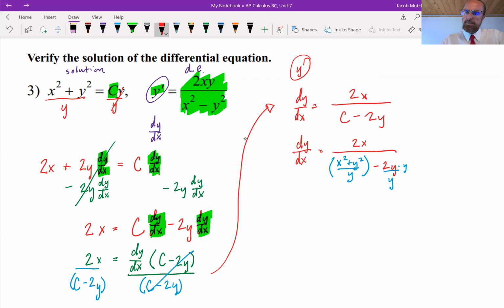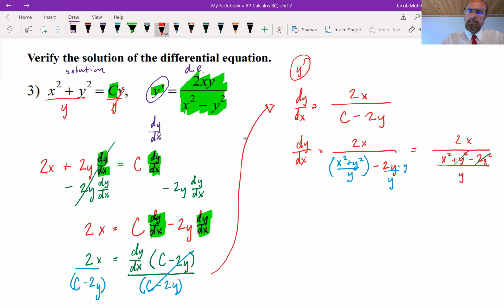So what I got in my simplification now is 2x over, now I can put it all in one numerator since I've got common denominator of y. So it's x squared plus y squared minus 2y squared. And I got some like terms there. y squared minus 2y squared is going to be negative y squared.